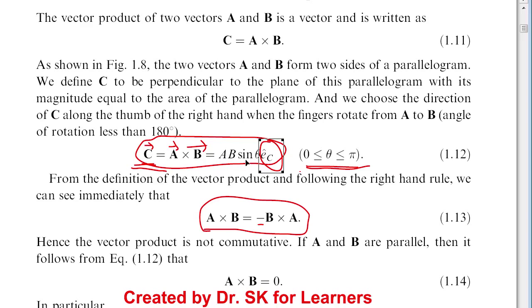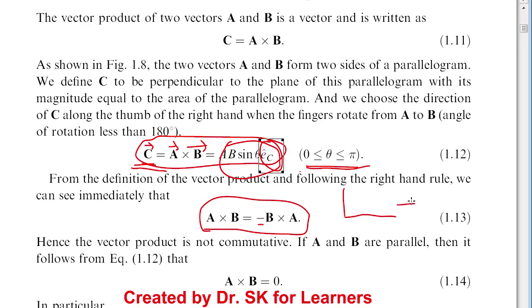Since we have a value called sin theta, we know sin 0 is 0, sin 180 is 0, and sin 90 is 1. So if two vectors are perpendicular to each other like this, then you will get the value of sin theta as 1, and hence you will get the maximum of the cross product, because sin theta has a maximum value of 1.